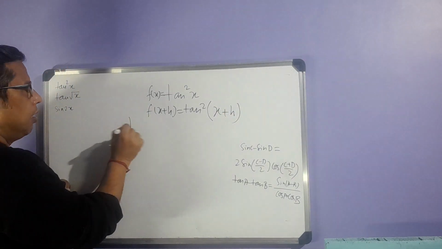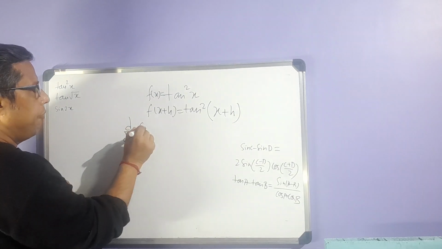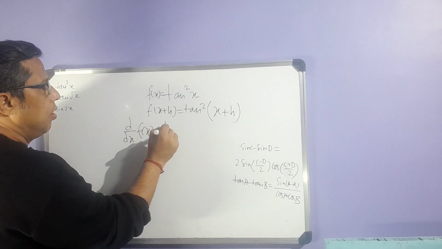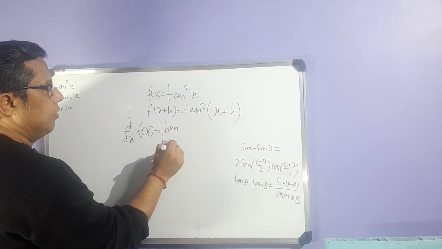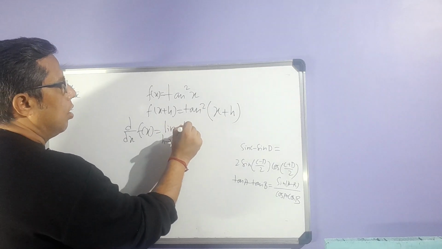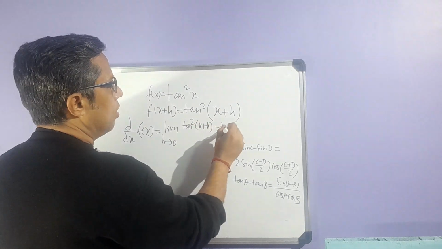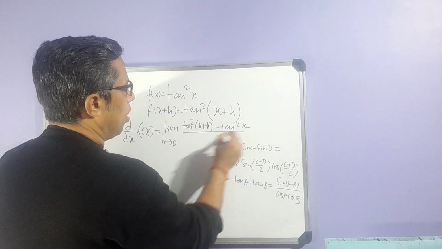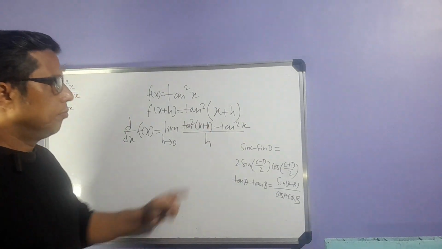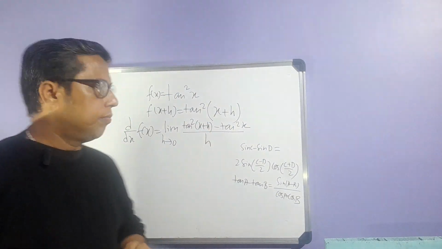Now d/dx of f(x) is equal to limit h tends to 0 of tan square (x plus h) minus tan square x, divided by h. So we have to solve it now.